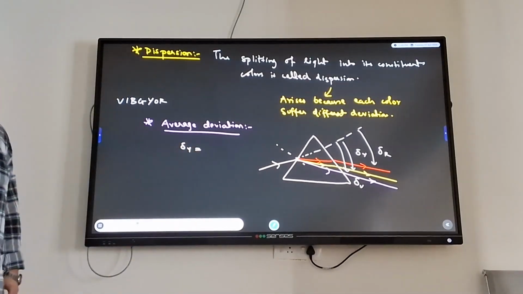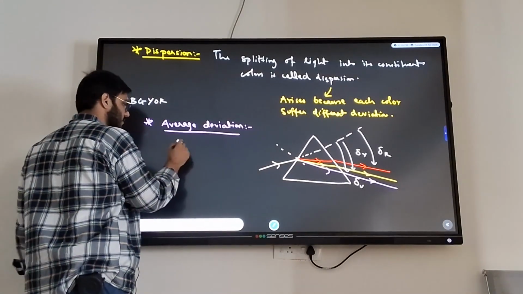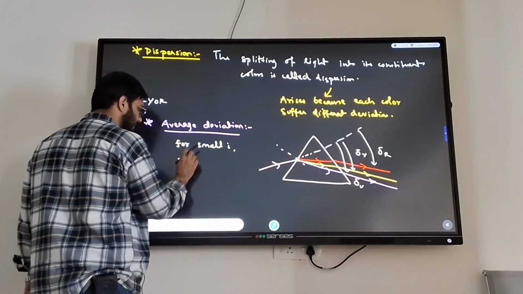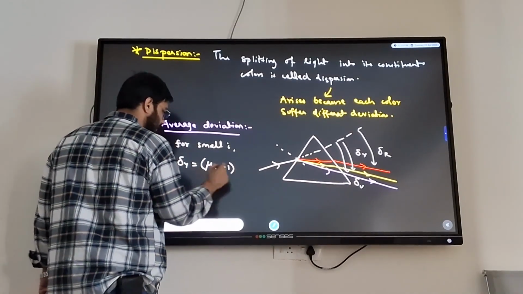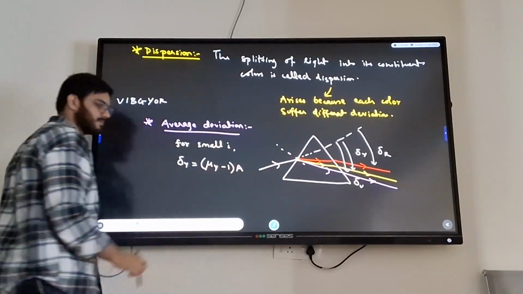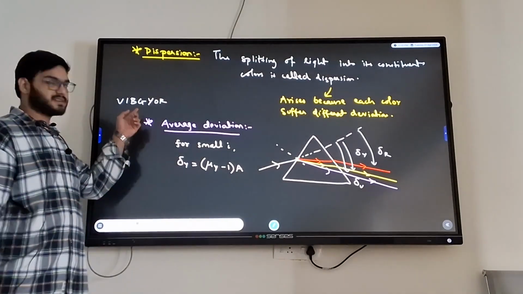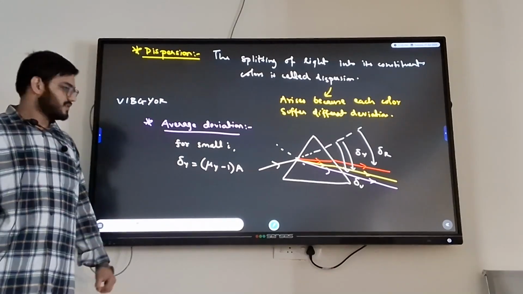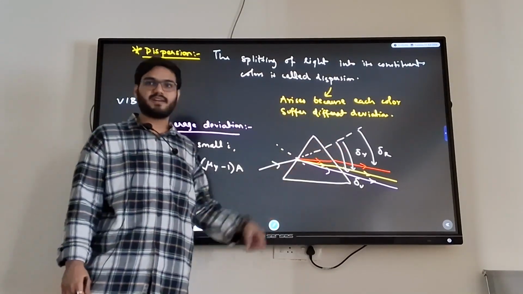For small angle A, delta y is mu y minus 1 into A. I'm taking that to be the central color for now, that means on an average, what is the deviation that each color will follow?